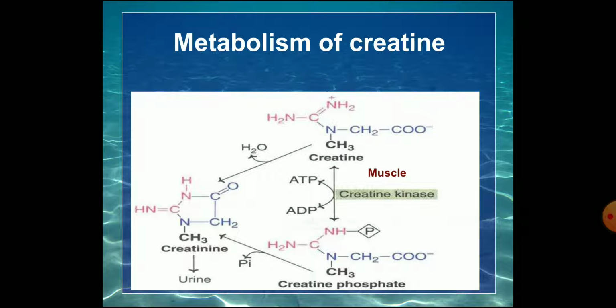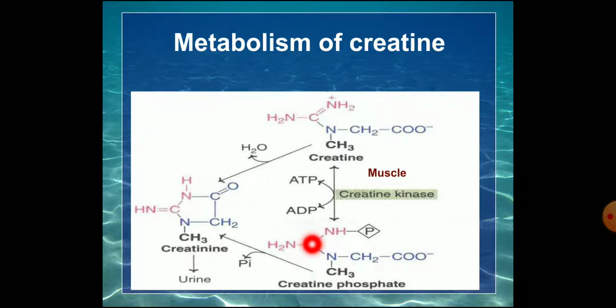So what happens to the creatine in the muscle? Creatine is first acted upon by creatine kinase to form creatine phosphate, and then creatine phosphate is converted to creatinine, the anhydride of creatine. Creatine, on removal of water, is cyclized to form creatinine.